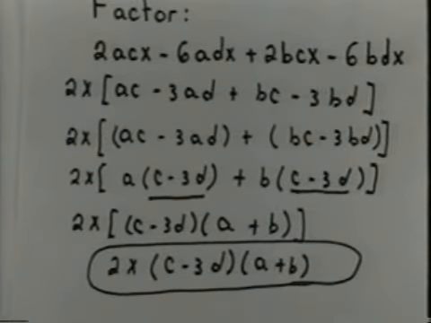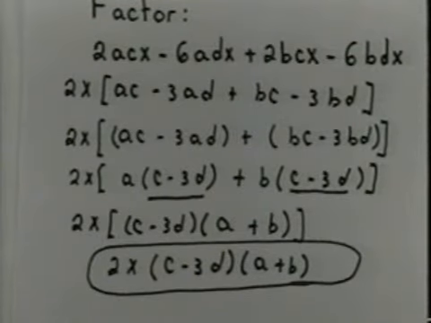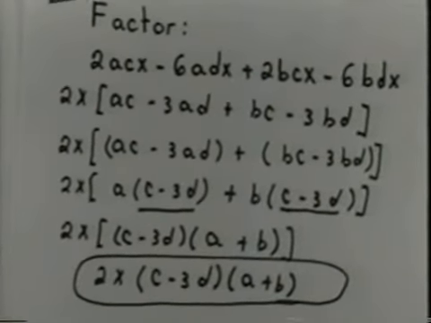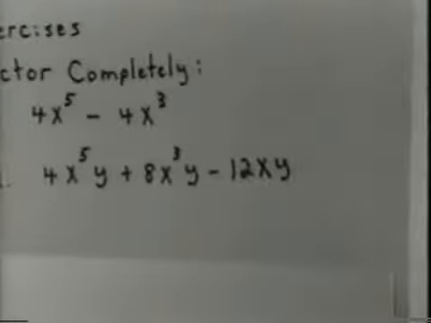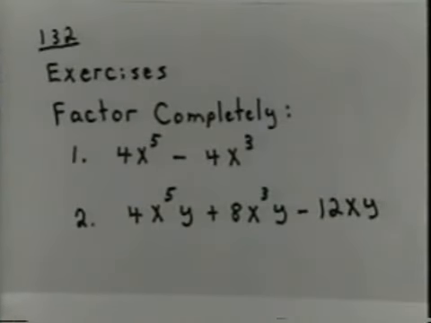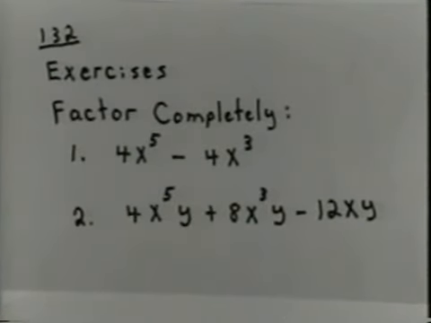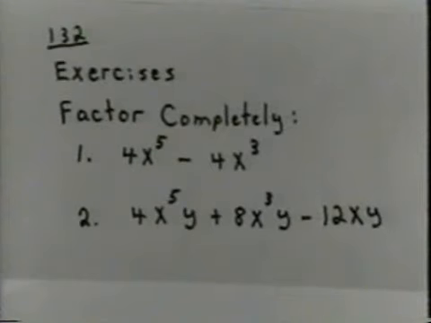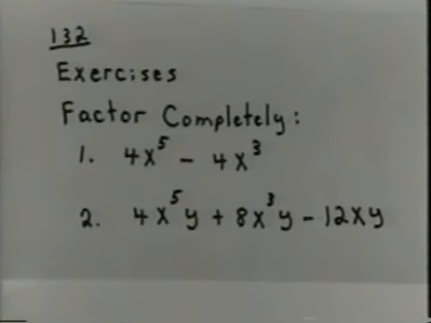Now it's time for you to do some more exercises. Follow the same drill as last time. Copy the exercises, stop the tape, work the exercises, restart the tape to check your answers.